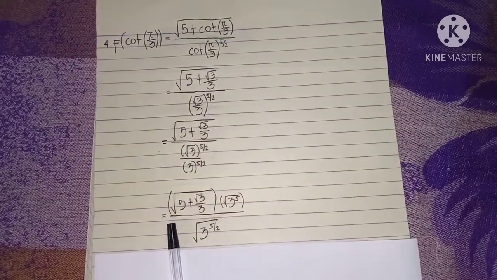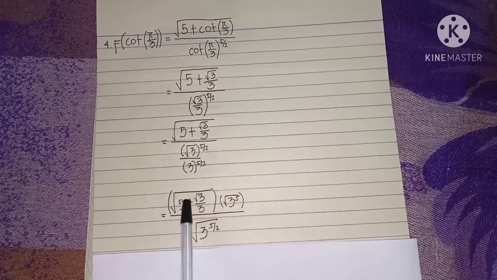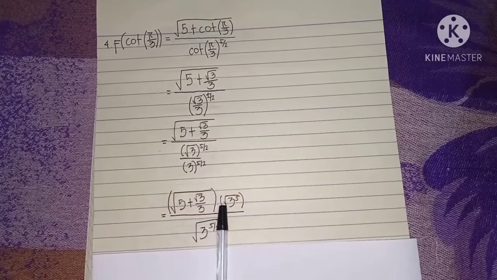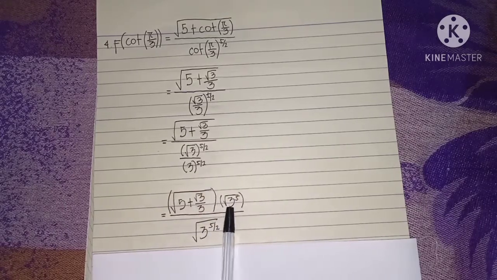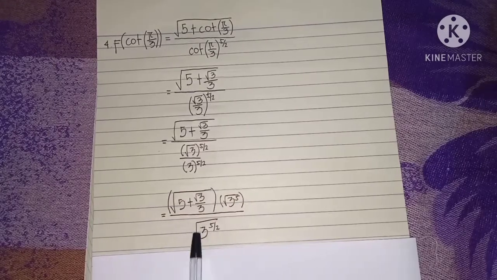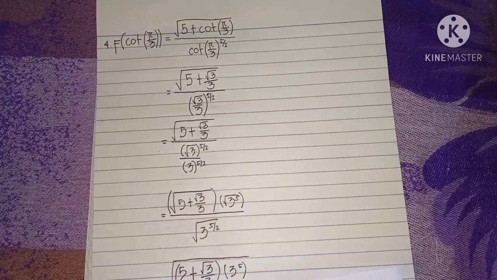So here it is: the square root of 5 plus square root of 3 over 3, quantity, square root of 3 raised to the power of 5 over square root of 3 raised to the power of 5/2.